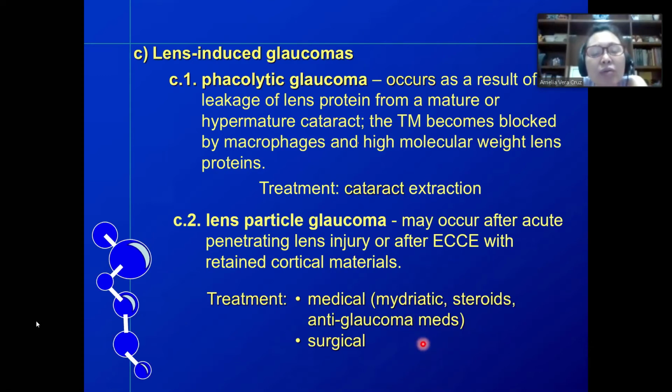So the management here will be the removal of the lens materials from your anterior chamber. And of course, you have to give your mydriatic and your steroids, including your anti-glaucoma meds. Okay? Yan. So, secondary glaucoma lang yan. So, parating removal of the lens ang management.